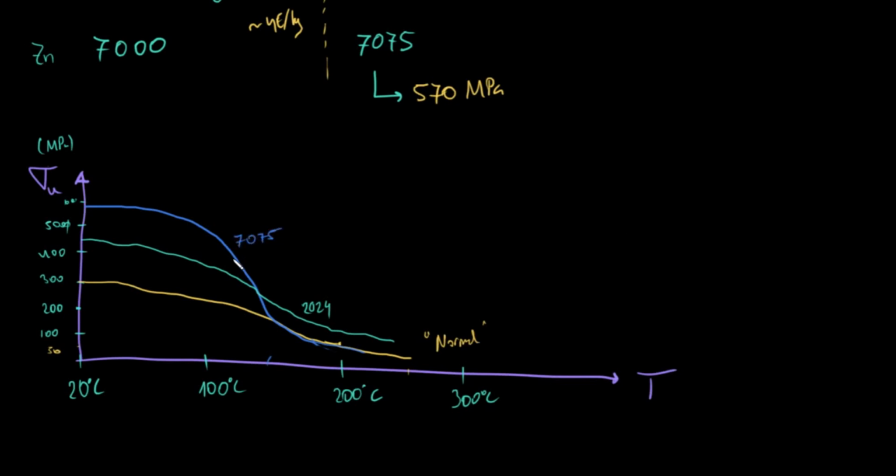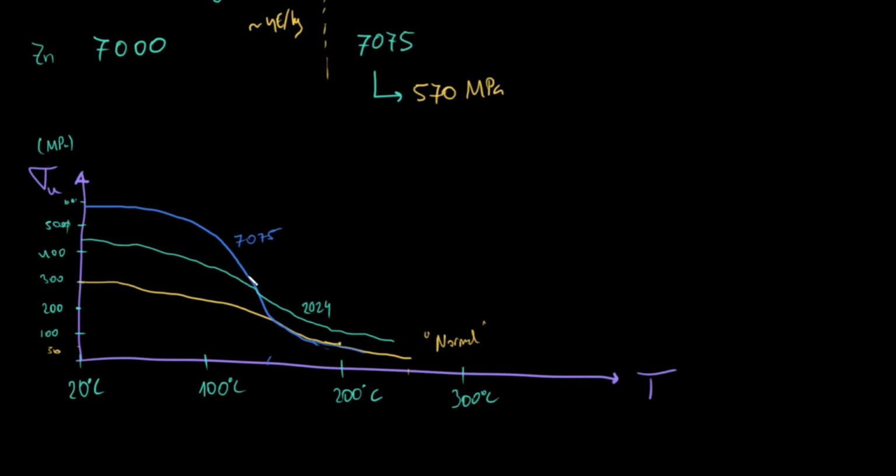So yeah, the main problem with aluminum is the temperature. If you're going to be flying at high Mach, it's going to be a big issue, because you're going to have to design your rocket taking the least ultimate strength you're going to expect. So if you're expecting the rocket to reach 150 degrees, you're going to have to take this ultimate strength, which is really low.